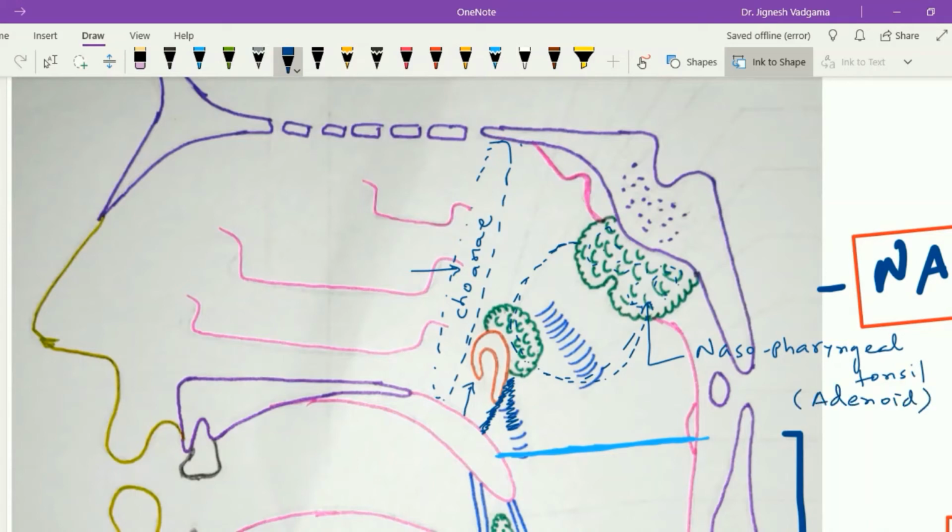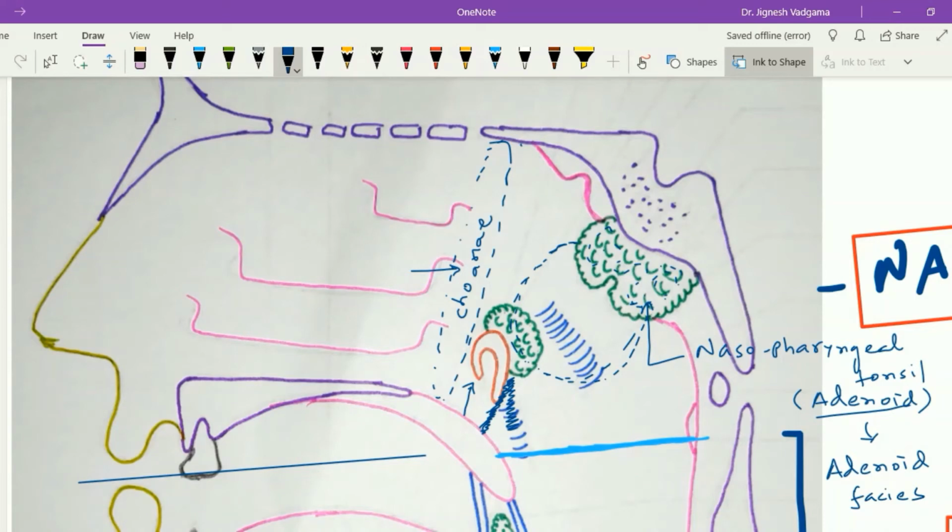In case of an enlarged nasopharyngeal tonsil in children, the patient is unable to breathe through the nose and is forced to take air from the mouth, so the mouth is open all the time, and this type of face in children is called adenoid facies.